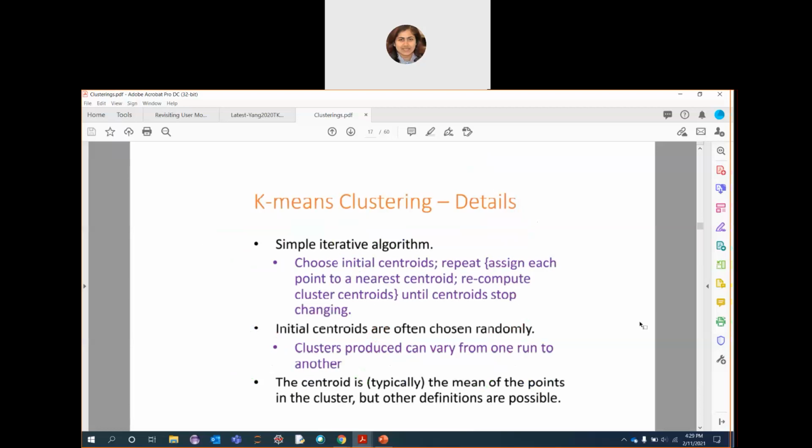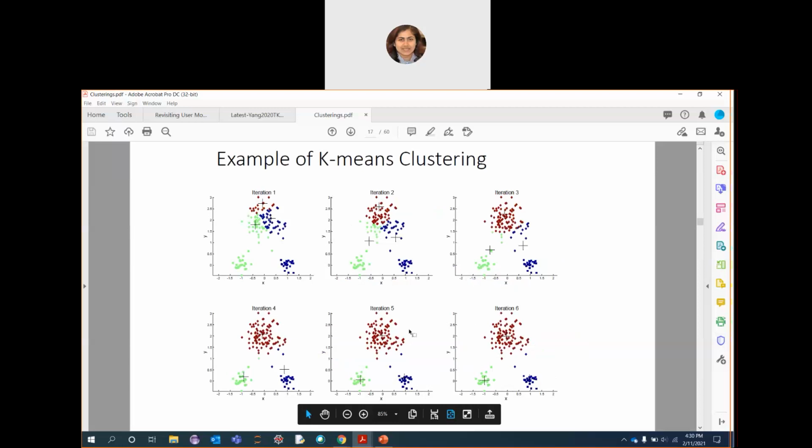If you want details about the algorithm, it is a simple iterative algorithm. I'm just going to go through the same thing looking at this picture. First you need to choose the initial centroids. Then you repeat: assign each point to the nearest centroid and recompute the cluster centroids. You are re-evaluating the means again and again until the centroids stop changing, like it happened in this case, iterations 5 and 6.